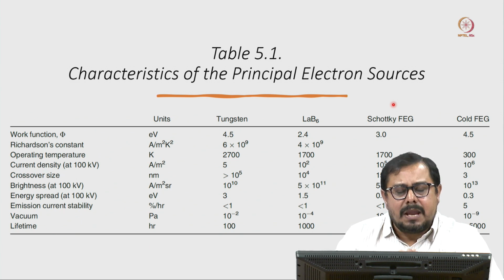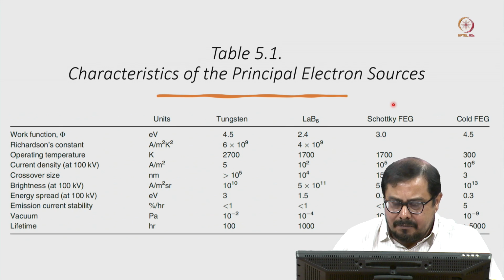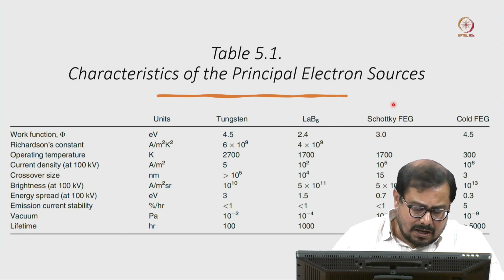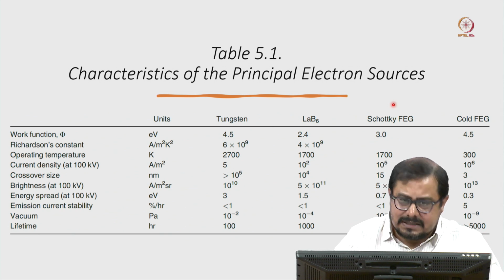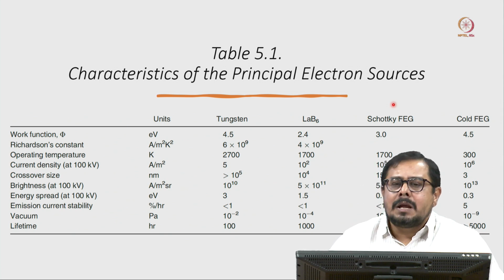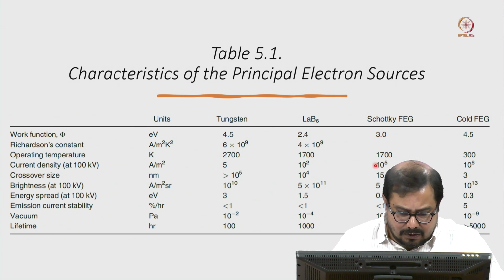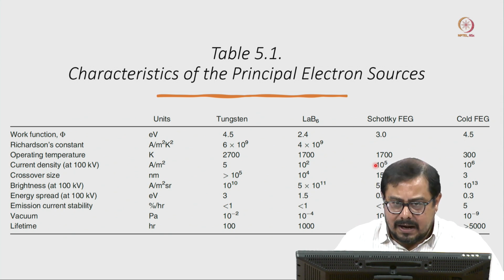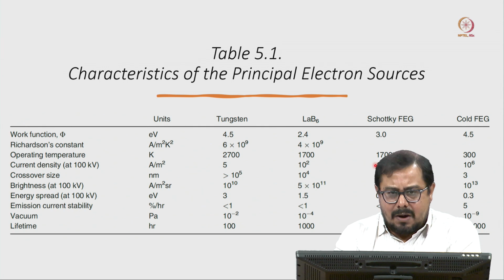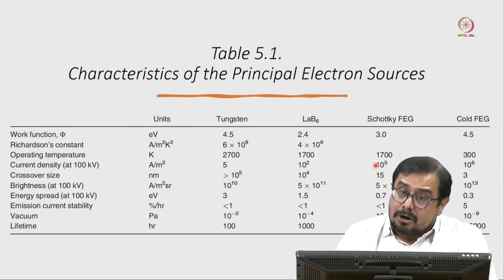So the sample will be only in your buffer, and the contrast will come from the difference between the density of your biological sample and your buffer, and that is the reason we need much brighter brightness, as well as a very coherent electron beam, because we are talking about characterizing those biological samples at atomic resolution.